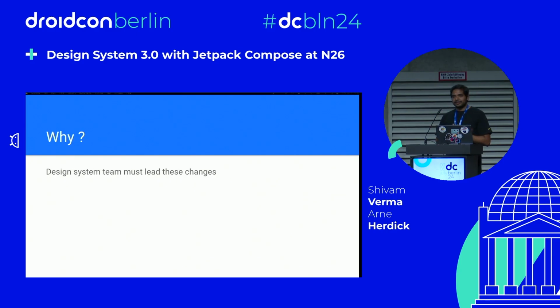The second reason I can think of is that in our team setup, ideally the design system must lead these changes. So the product engineer gets this new product requirement. They say that I need to render this new icon. They go to the design system team. They tell the design system that, hey, I need this new icon. Could you please update the design system so that I can render this?